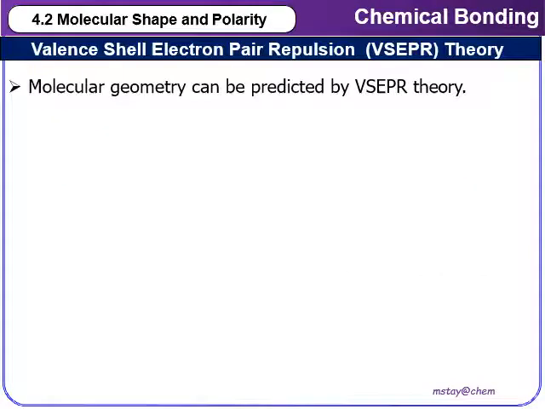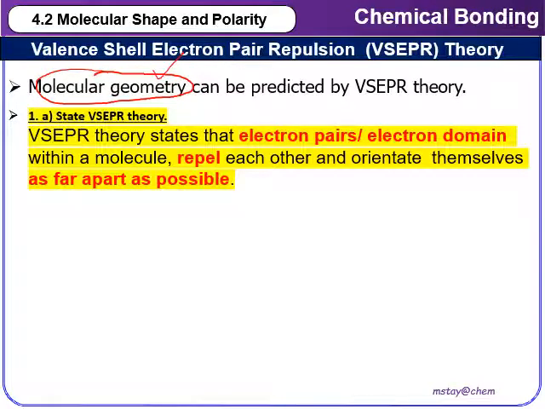Let's start with this theory, VSEPR theory, which actually is used for us to predict the molecular geometry. According to this theory, electron pairs or electron domains are going to repel each other, so they try to arrange themselves as far apart as possible.